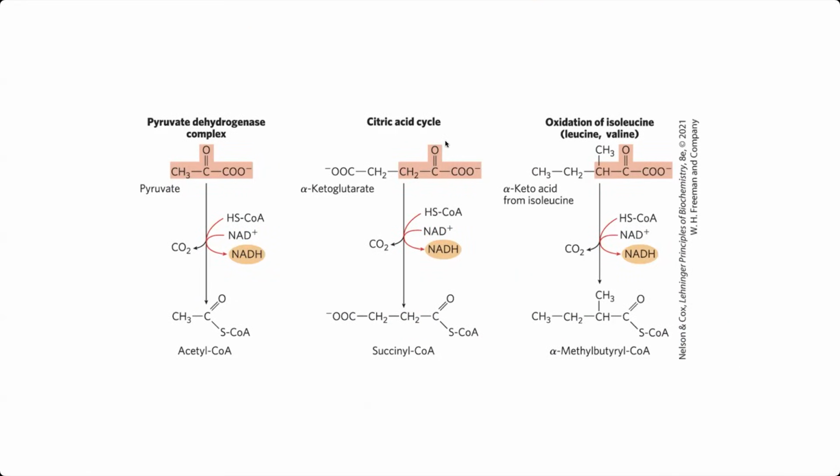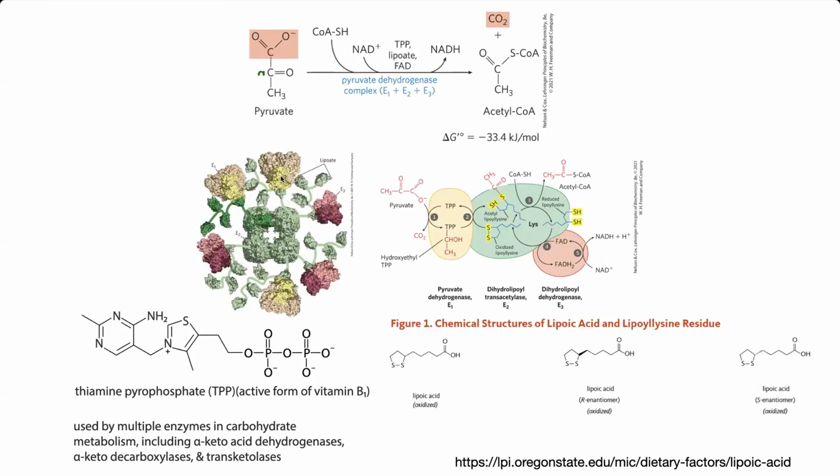Whereas in the citric acid cycle, we see the alpha-ketoglutarate dehydrogenase complex. When we think about branched chain amino acid breakdown, like isoleucine, leucine, valine, they're going to use a similar complex as well. These all use this multi-subunit protein that uses a couple of key cofactors, thiamine pyrophosphate, or TPP, and lipoic acid.